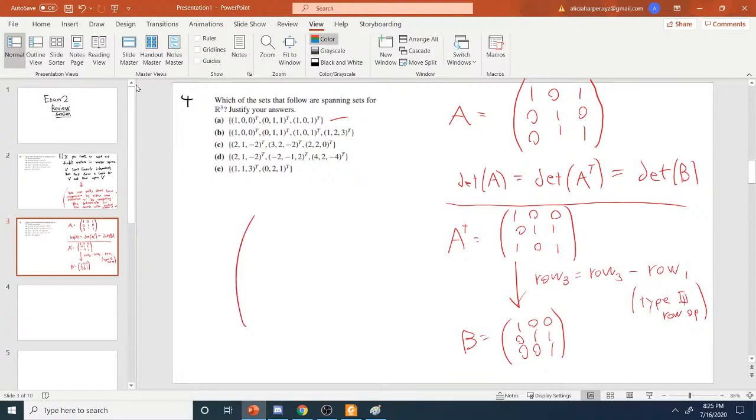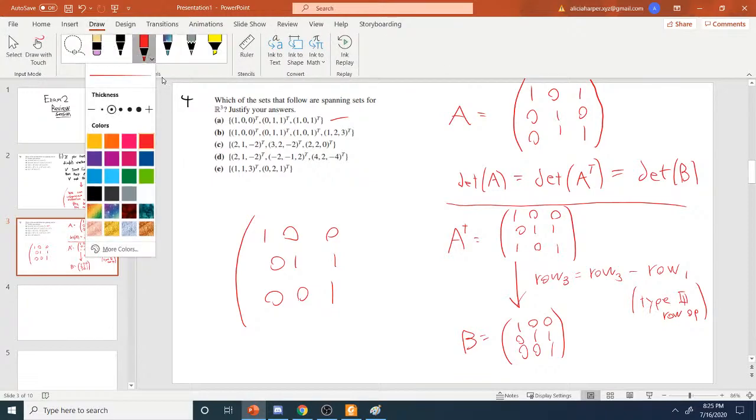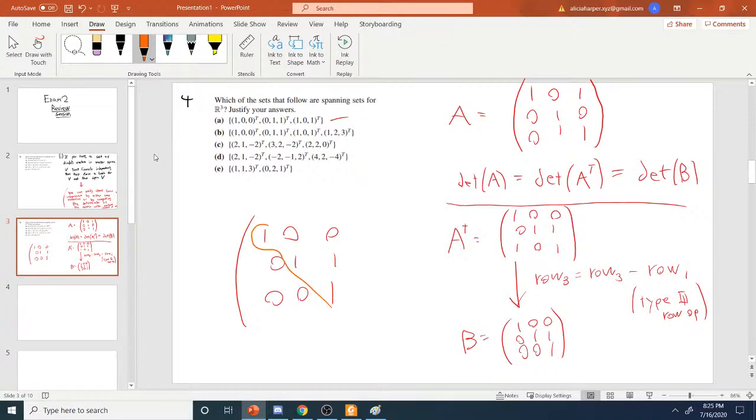But B here is an upper triangular matrix, so it has entries like this, and computing the determinant of an upper triangular matrix is very easy. All you basically do is circle the diagonal and multiply all the entries along the diagonal, and that gives you the determinant. So in this case, the determinant of B turns out to be 1 times 1 times 1, so just 1. So the determinant of A is 1.